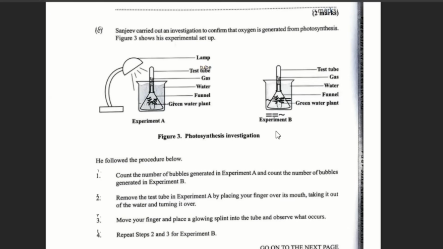Okay, so now the next question says Sanjay carried out an experiment to confirm that oxygen is generated from photosynthesis. Figure 3 shows his experimental setup, and basically this is the procedure right here, right? So they want to find out if oxygen is a byproduct of photosynthesis.